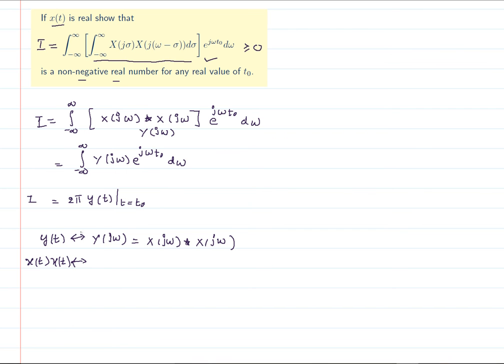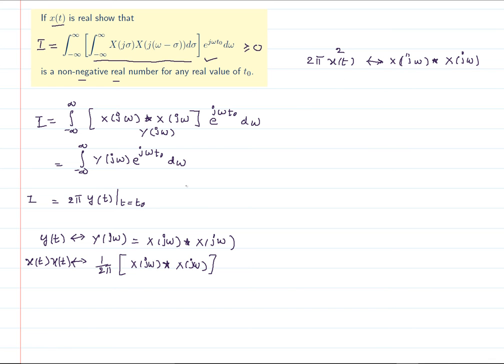So this will have 1 by 2 pi multiplied with X of j omega convolved with X of j omega, and hence we can easily see that 2 pi times x square of t will have X of j omega convolved with X of j omega.